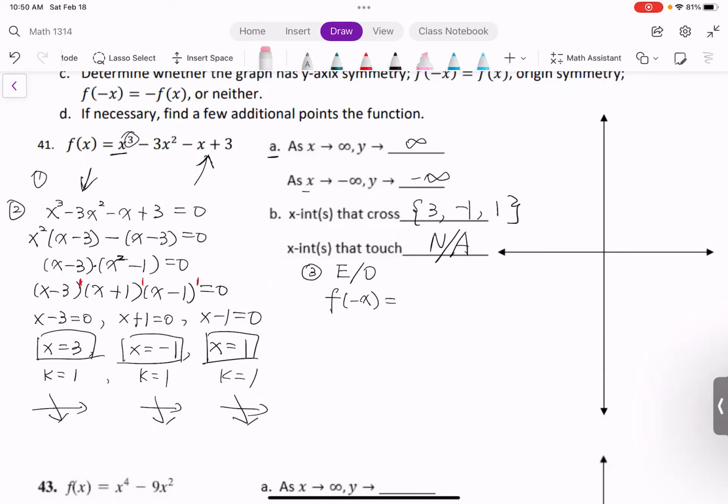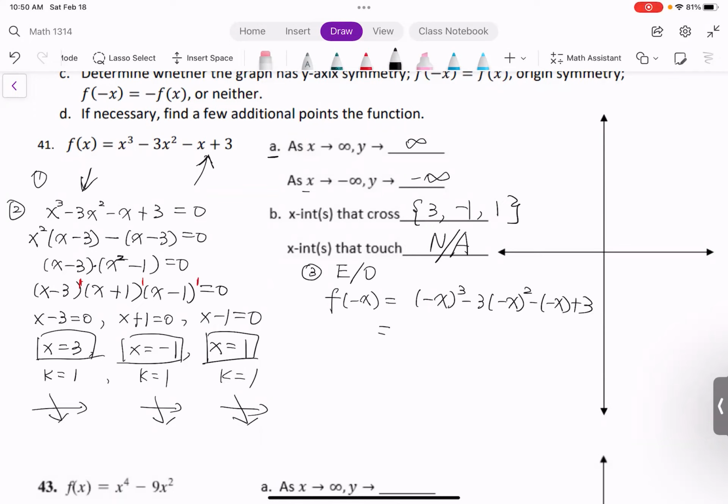We plug it into the function: -x cubed minus 3 times -x squared minus -x plus 3.